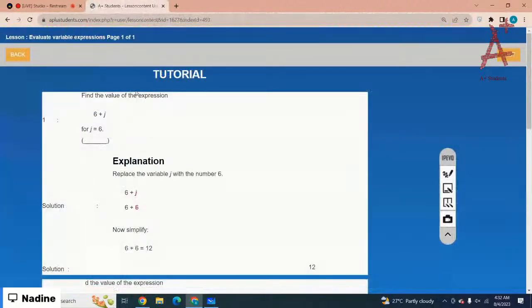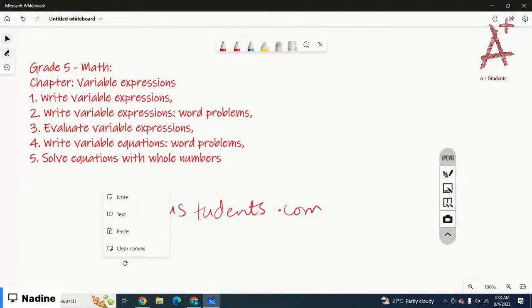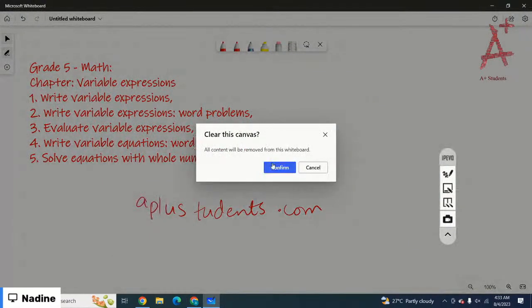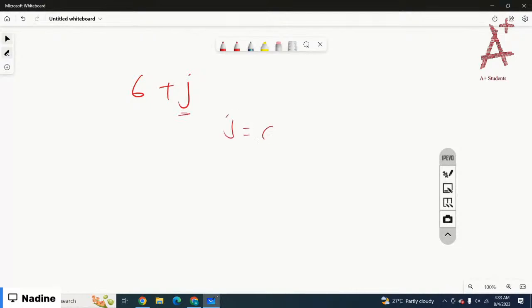Okay, find the value of the expression 6 plus j, and you have to calculate the value for j equals 6. Okay, 6 plus j. You are given j equals 6.